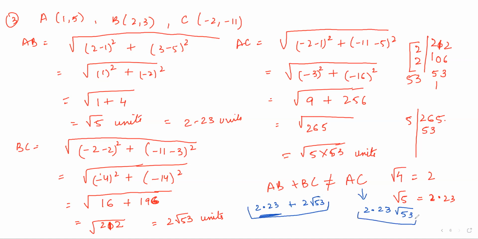Because between this and this, there is a very slight difference, only 0.23 difference, right? But you are adding 2.23 here. I mean, 2 extra you are adding. Understood? So ultimately, your left hand side is going to become greater than your AC, right? So you have to observe it carefully here.